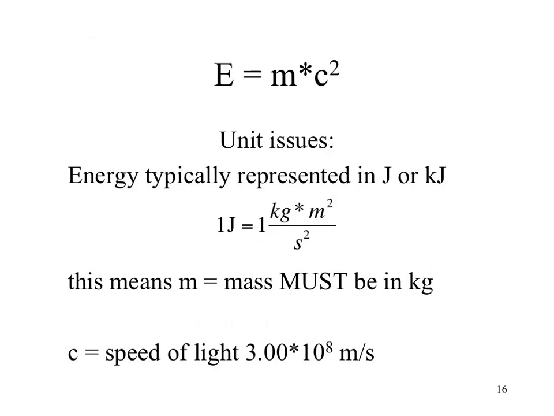If we look at mass, what's our typical unit on mass? Grams. c, what's the unit on our speed of light? Meters per second. So how is mass times meters per second equal to energy? That direct conversion doesn't really stand out as an obvious relationship.